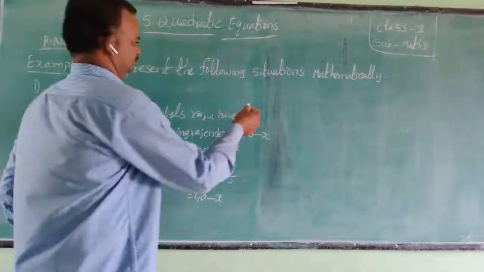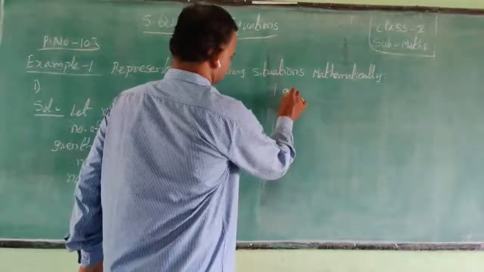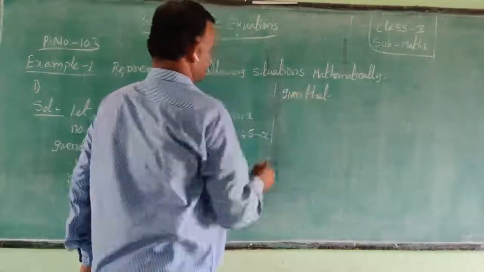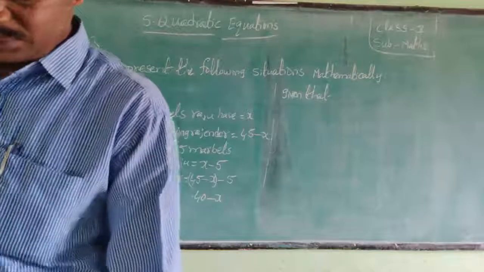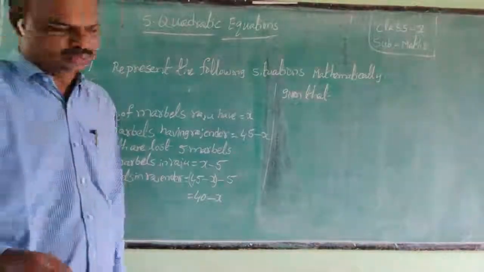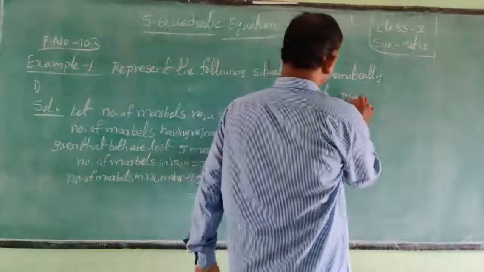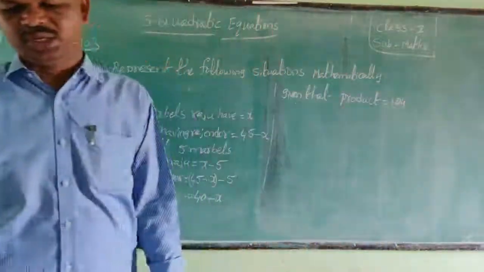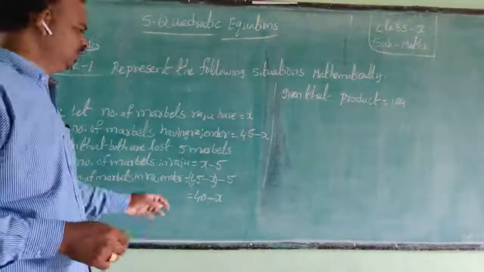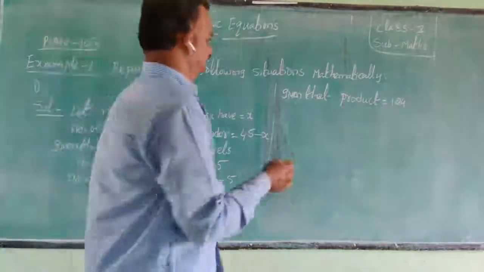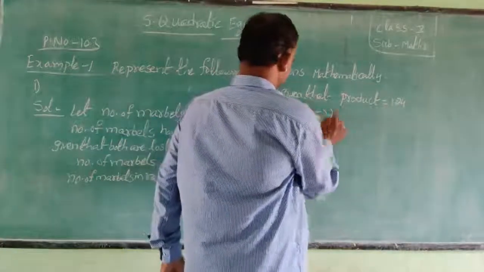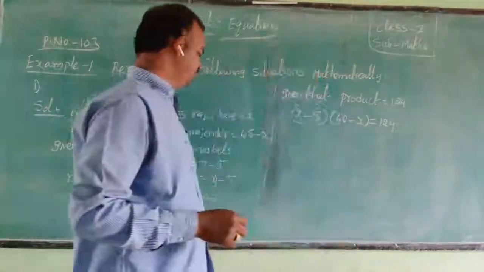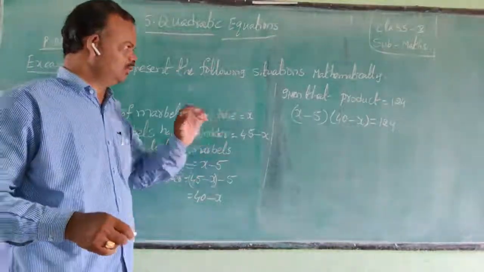Next, given that the product of these two values is equal to 124, X minus 5 into 40 minus X is equal to 124.